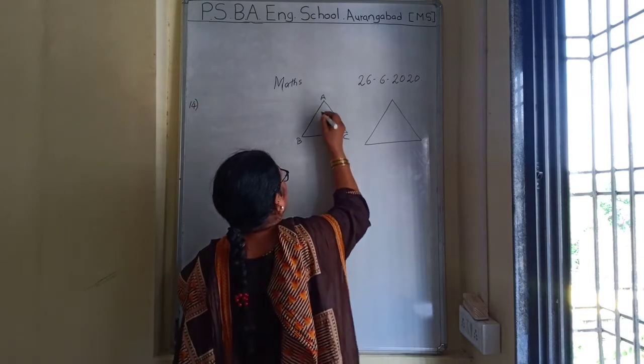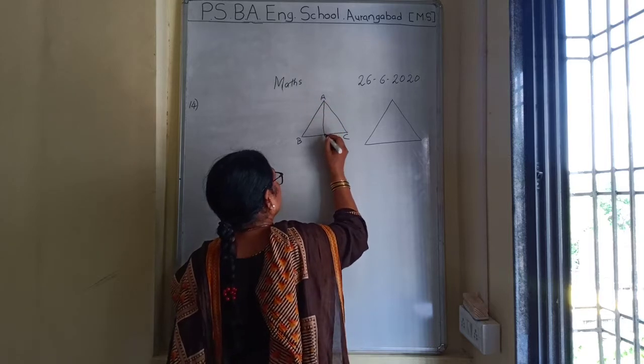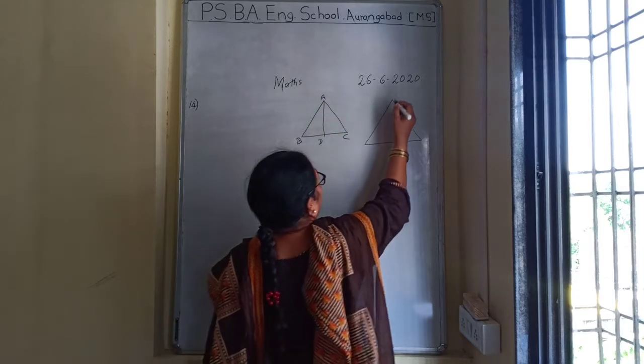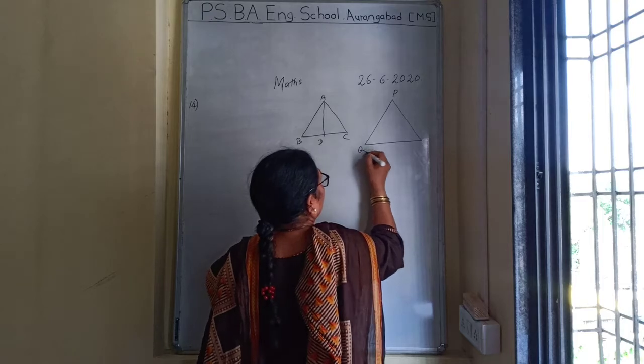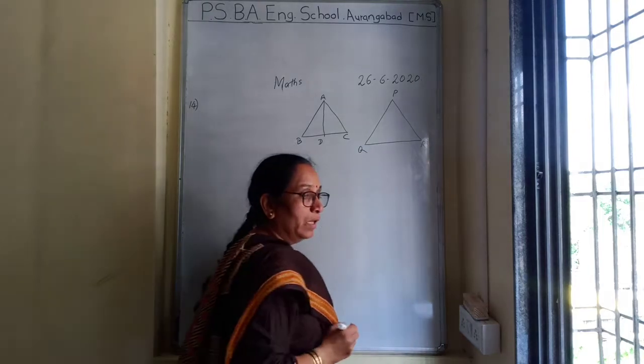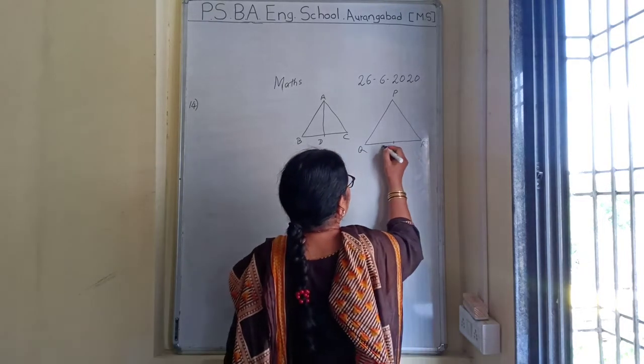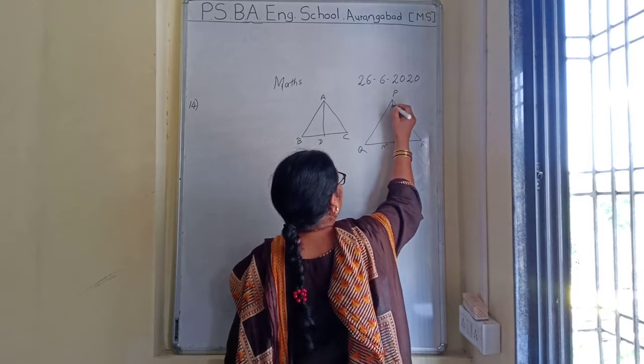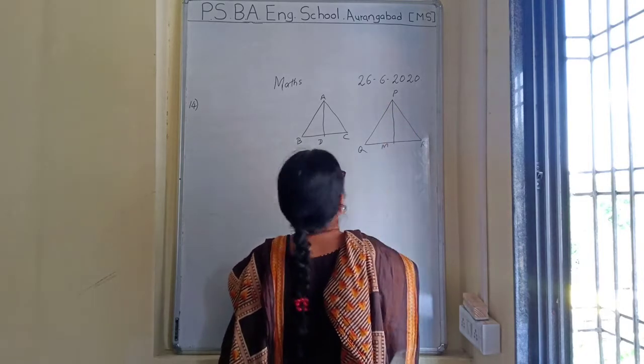And D is the midpoint, P, Q, R, and M is the midpoint. Join PM. Correct?